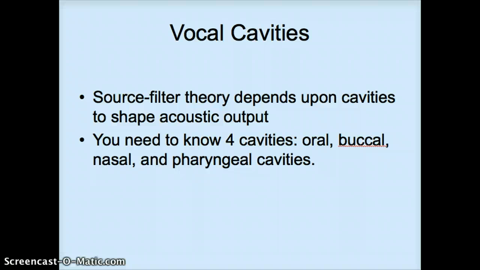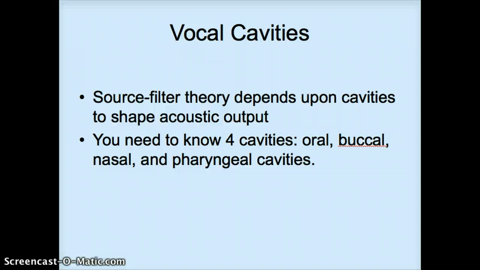So remember at the beginning of the last section, we talked about the source filter of articulation, and it depends upon cavities in our throats and mouths to shape acoustic output, so to shape the sound that's made at the level of our vocal folds.